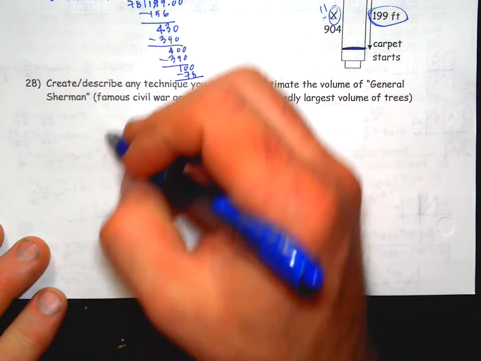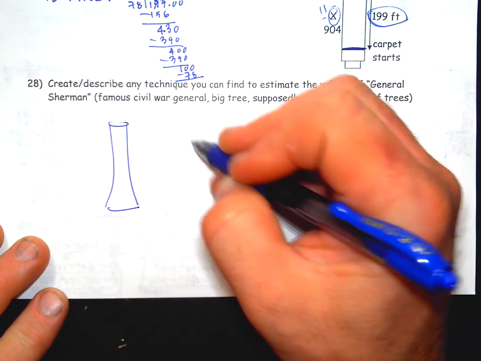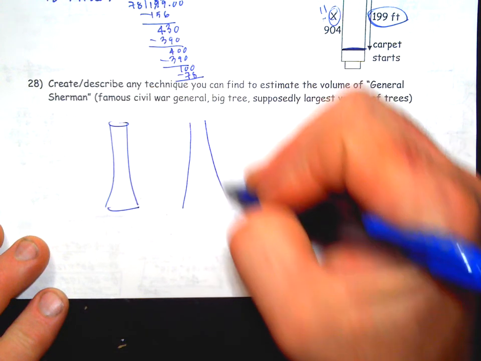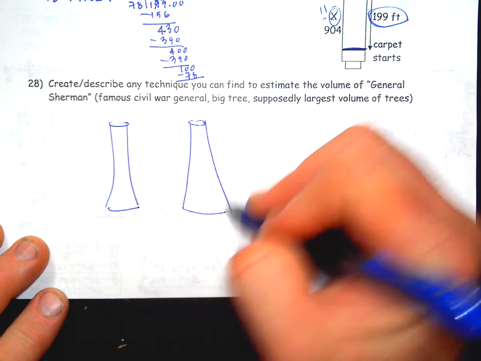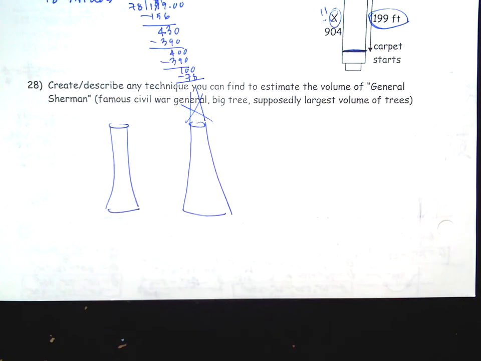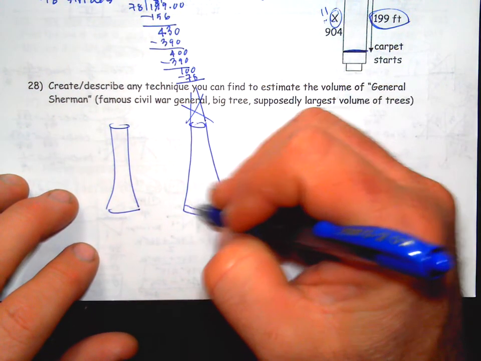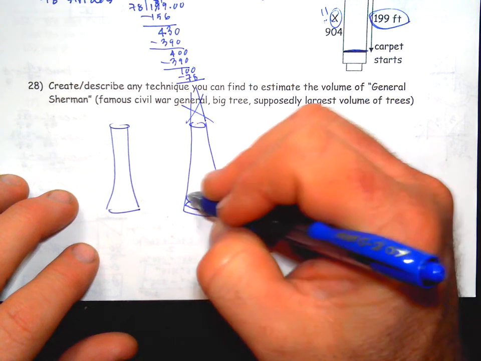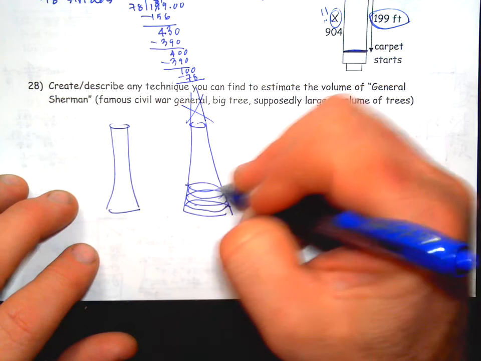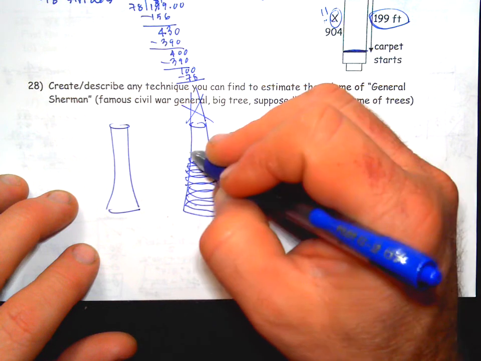So you can think about the tree trunk, it looks kind of like this, or you could think of it as sort of a truncated cone. You could try to figure out circles and stack them up, like the volume of a short cylinder.